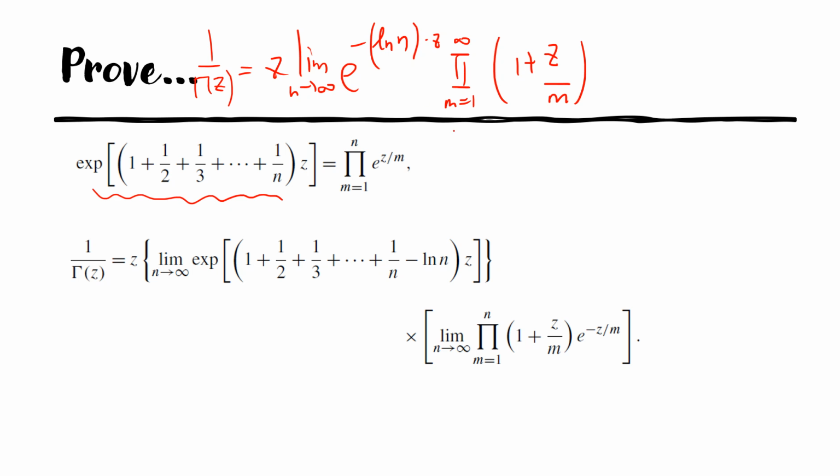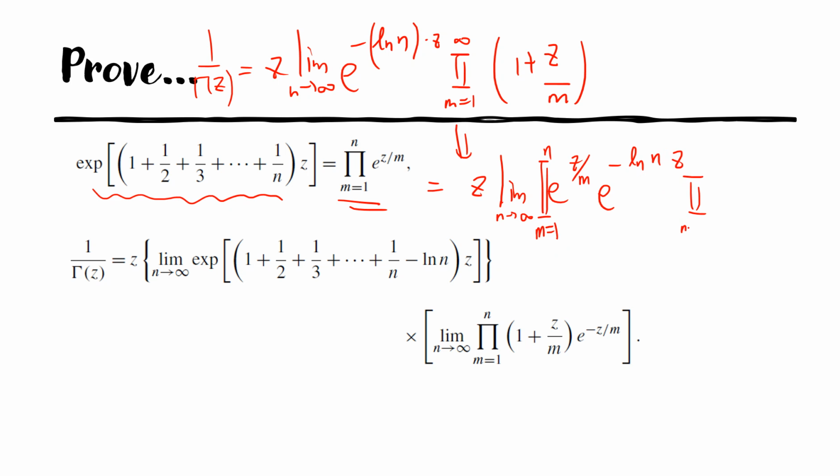So this term, I can just multiply by this factor, and this factor. Since I multiply by this factor, I need to multiply by another factor to cancel it. So nothing is special.